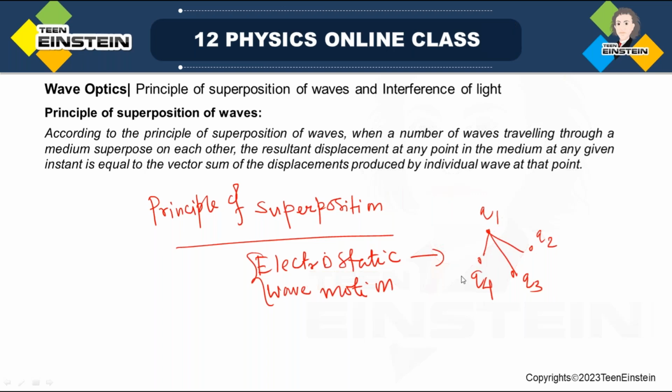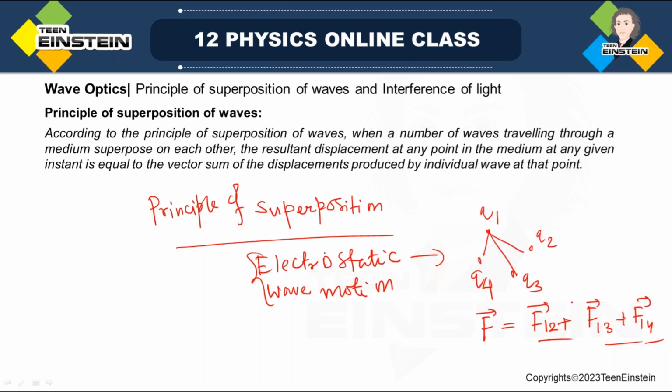So in that case, what we got was the resultant force, the vector sum of the forces due to all others. So the resultant force is F12 plus F13 plus F14. All three forces we have taken, right?